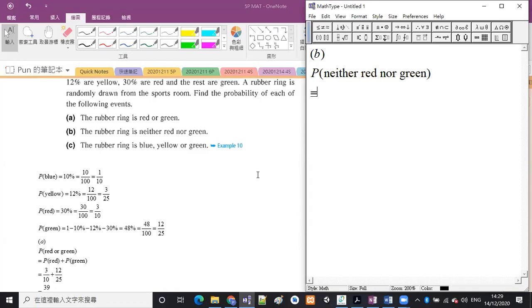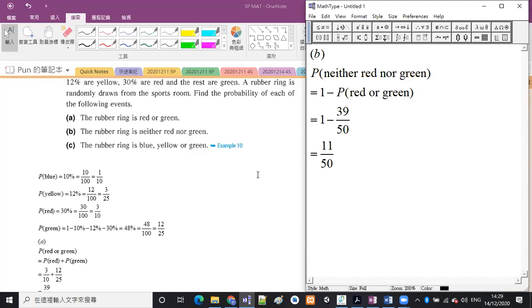Not red and not green will be 1 minus the probability that it is either red or green. So I need to exclude red or green, which means excluding the answer we found in part A. So it should be equal to 11 over 50.